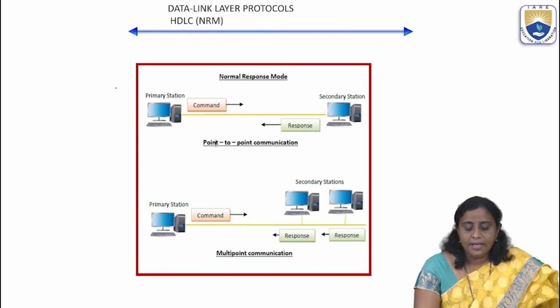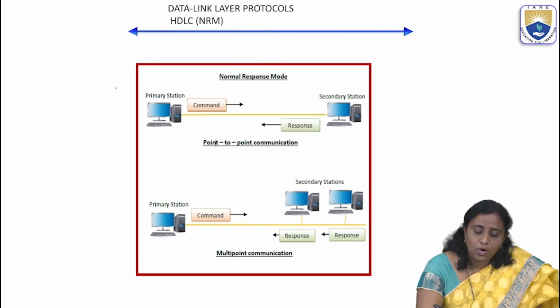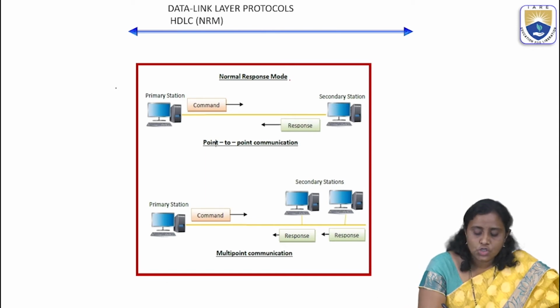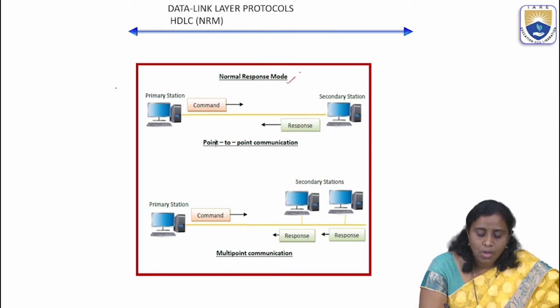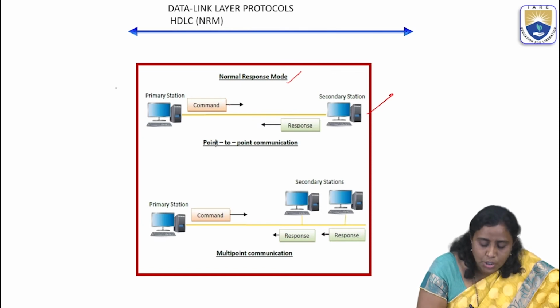Let us see an example of HDLC NRM. The first one is the normal response mode. According to the given figure shown below for HDLC NRM, we have to identify the primary station, and the second node is the secondary station. We have to identify in the figure the commands which are transmitted by means of one logical connection in this mode only.